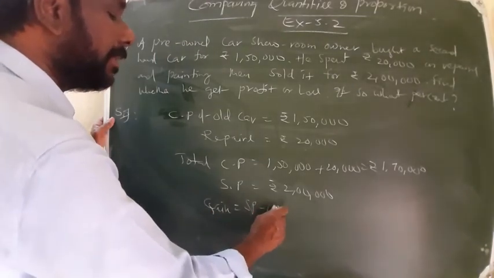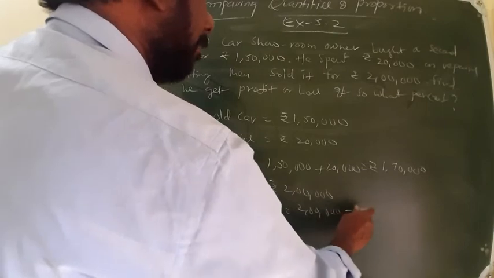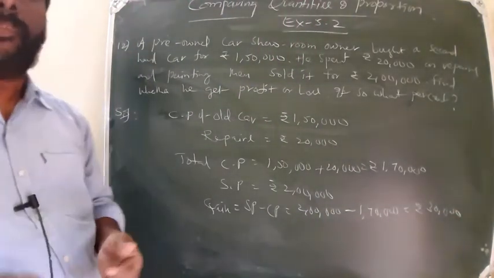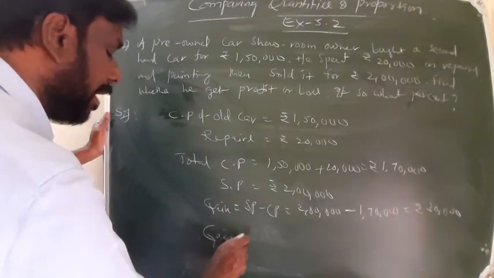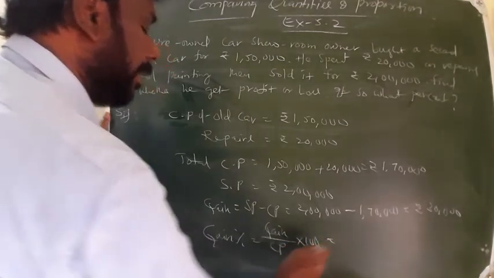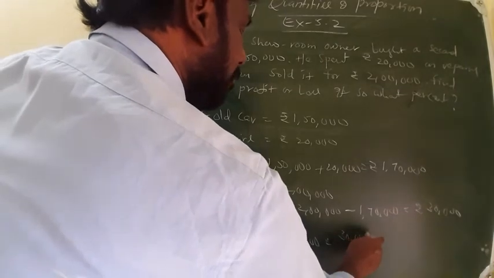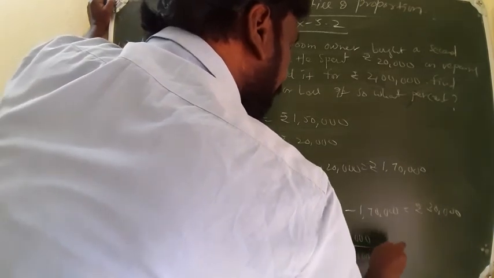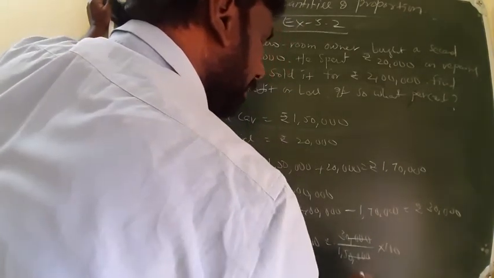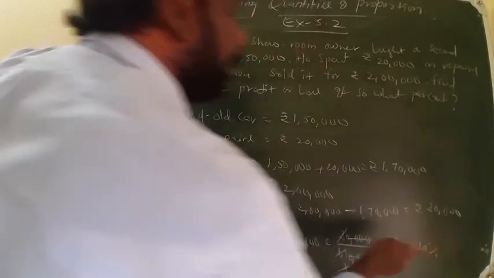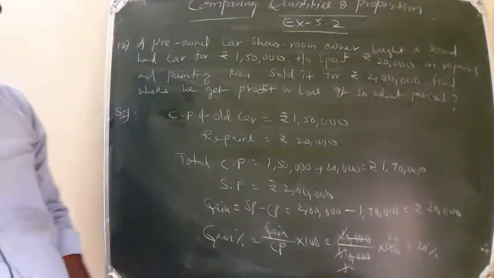Gain means SP minus CP. 2 lakhs minus 1,70,000, then you will get 30,000. So he got 30,000 profit. So gain percent is actual gain by CP into 100. Actual gain he got 30,000 by CP 1,50,000 into 100. 4 zeros cancel. 3 5s are 15, here 20. So he got 20% profit on this old car.